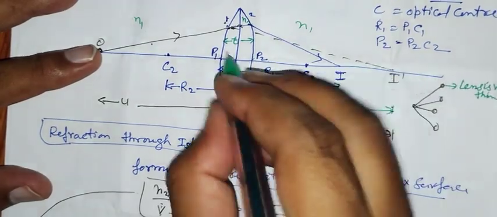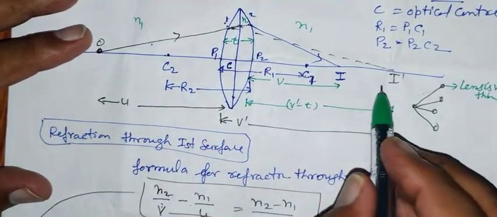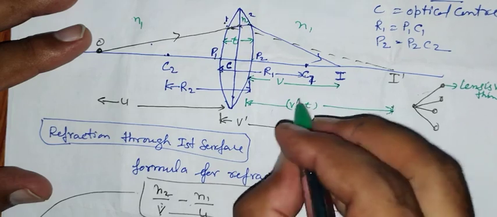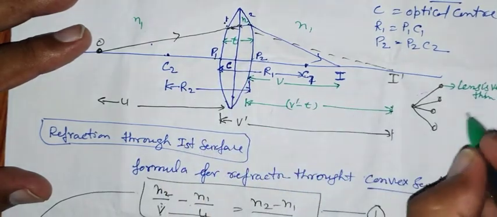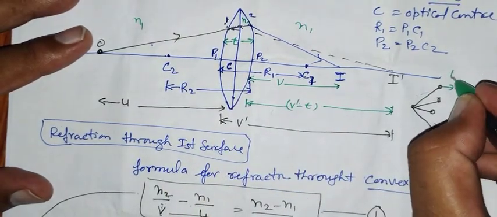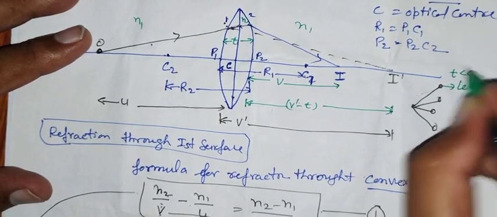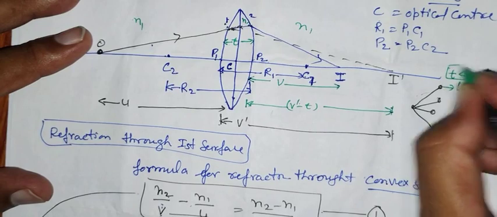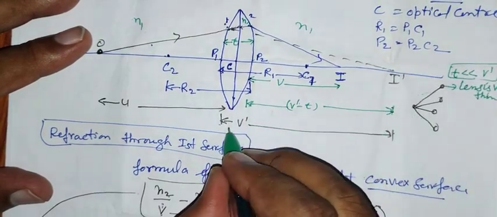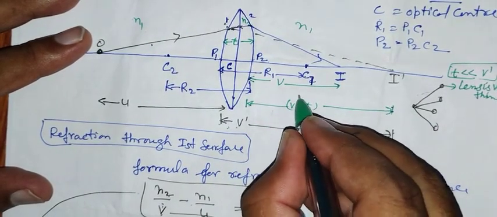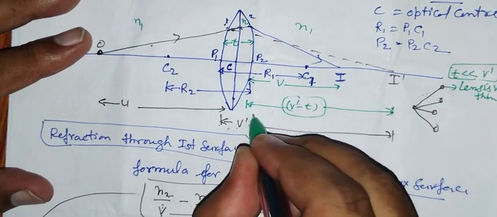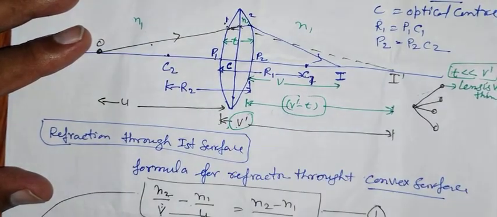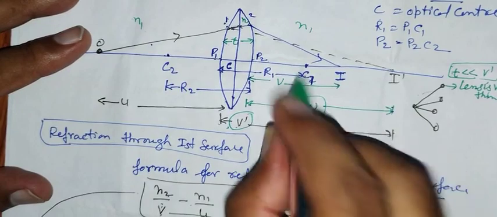If the lens is very thin in comparison to these distances, and t is very thin in comparison to v dash, then t can be neglected. So in place of v dash minus t, we can take v dash. This is the first approximation.